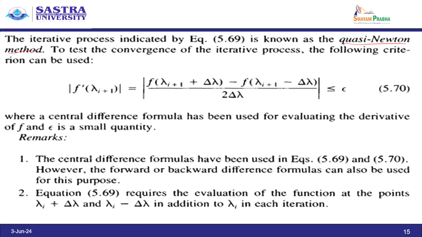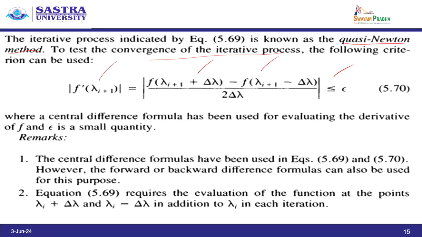To test the convergence of the iterative process, the following criterion can be used, and take the modulus on both sides. Therefore, modulus of f dash of lambda_{i+1} equals modulus of f of lambda_{i+1} plus delta lambda minus f of lambda_{i+1} minus delta lambda, by 2 delta lambda, is always less than or equal to epsilon.